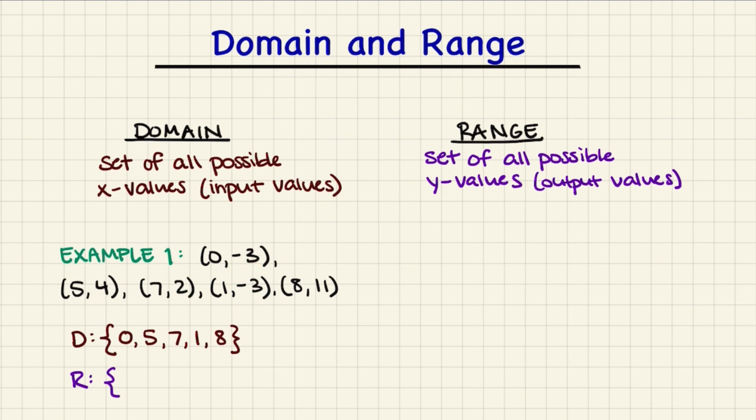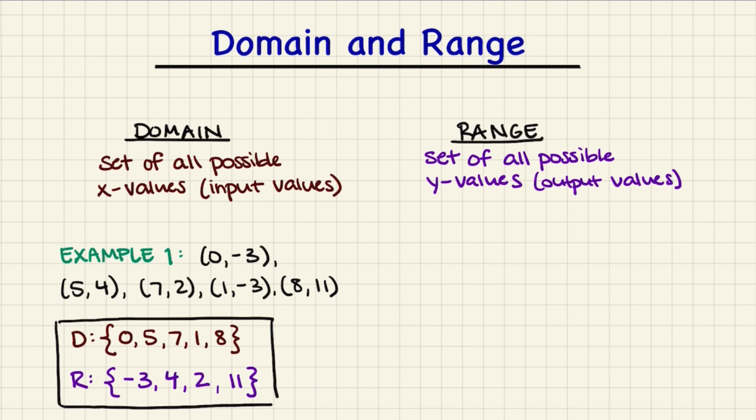So we list -3, 4, 2, and we have -3 again, but we already listed it, so we don't need to list it again. 11 is our last one. So our domain and range of our first example are given right there.